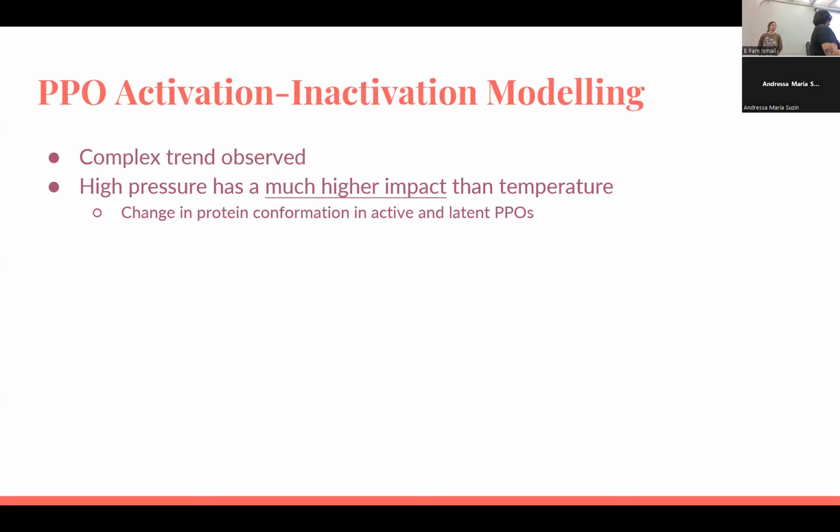So in latent polyphenol oxidases, it can actually open up binding sites, which increases activity, whereas it might also inactivate some enzymes. So that might explain that weird increase and decrease in activity trend.